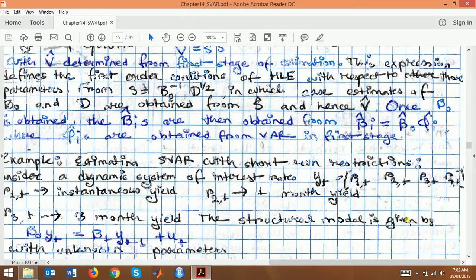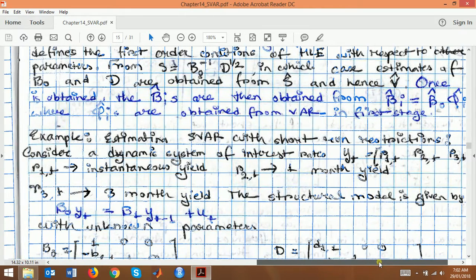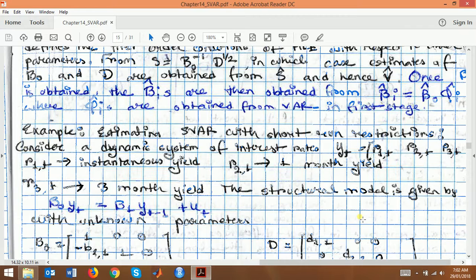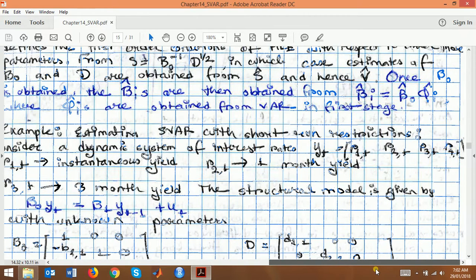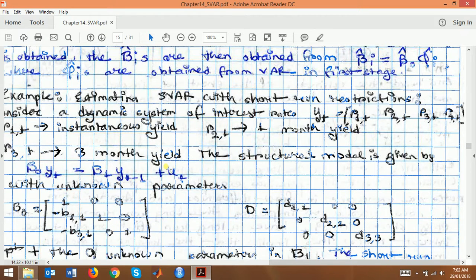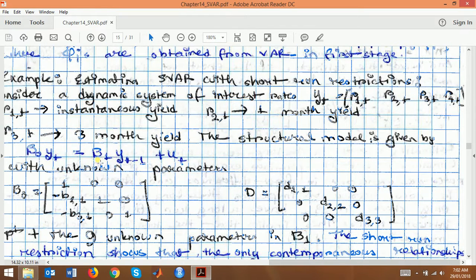So an example: estimation of SVAR with short run restrictions. Consider a dynamic system of interest rates, so we're talking about a vector of interest rates, where R1t is an instantaneous yield, R2t is a 1-month yield, R3t is a 3-month yield, and the structural model is given by beta naught yt. This is the reduced form model with unknown parameters.